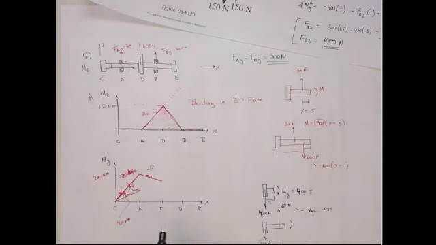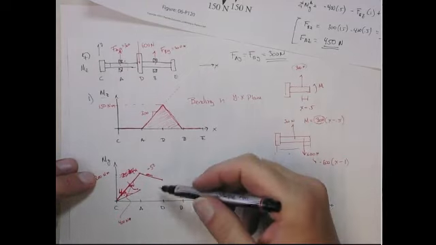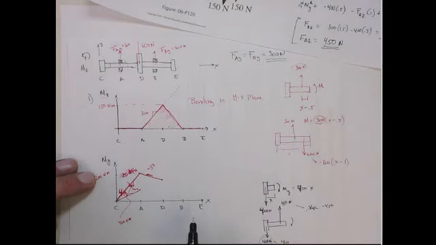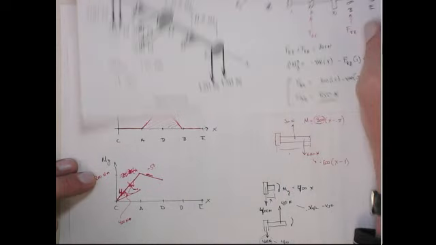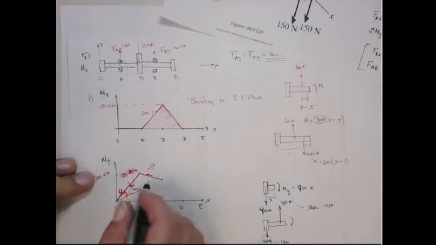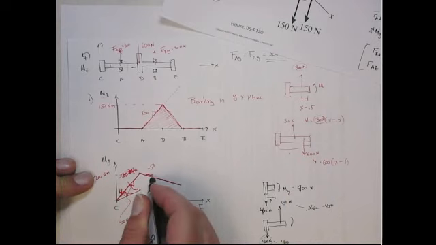So that means from here to here, this is a distance of 0.5, and that's going to keep going. There's nothing at D, so actually we have the same state all the way between B and A. So this will carry all the way over to point B at that slope of 50.